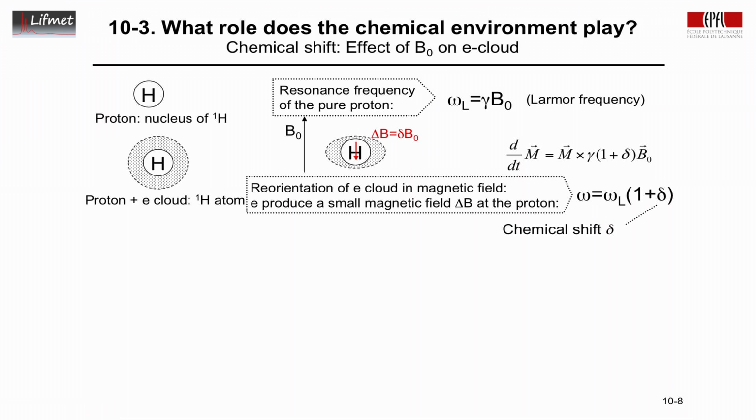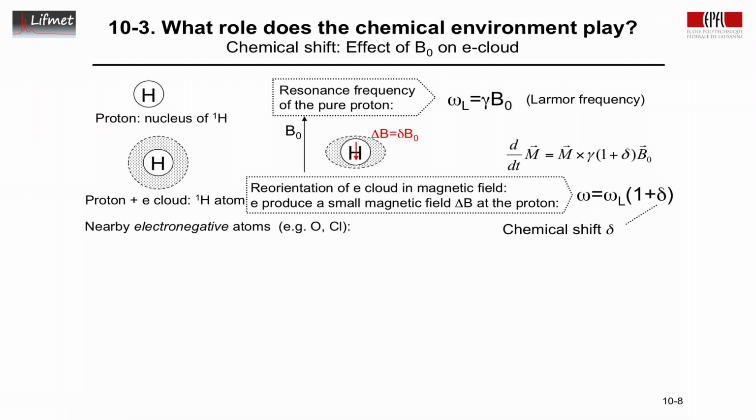The sign here is not important for the further understanding, whether we put a plus delta or minus delta. What is important here is that based on the presence of the electron, the proton magnetization will no longer precess exactly at the Larmor frequency.